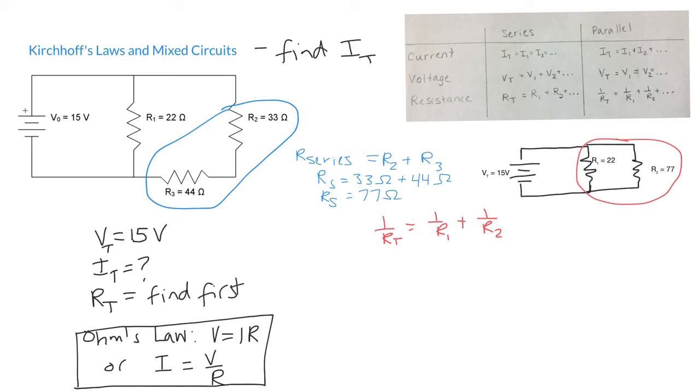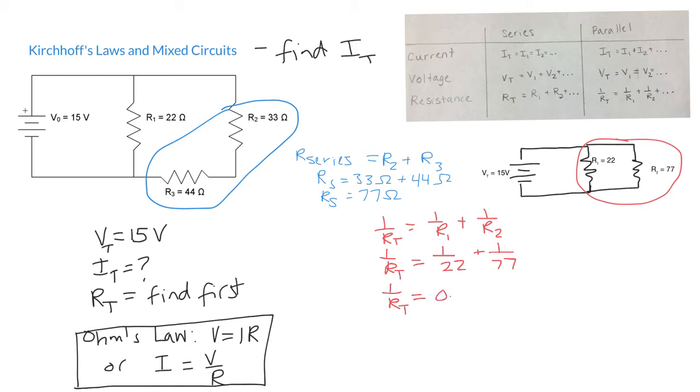Let's sum in the values. My two values for resistors are 22 and 77. So I'll keep this 1 over RT, and for resistor 1 I'll put 1 over 22, and for R2 I'll put 1 over 77. And then I will simplify. I'm going to take my calculator and divide those. I get 0.045455.